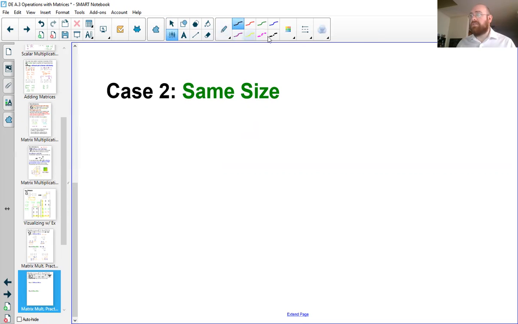So we can obviously come up with arbitrary examples. For example, if A is a 1-by-1 matrix and B is a 1-by-1 matrix, say just 5.